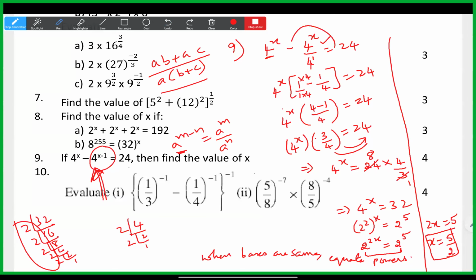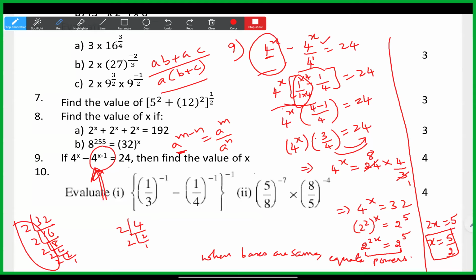After writing that negative power as 4 power x, using a power m minus n we wrote a power m by a power n. Then we took 4 power x common in both of them. Whenever the same number is taken common, 1 will come, because same thing into 1 time. That's why 4 power x into 1 is 4 power x.